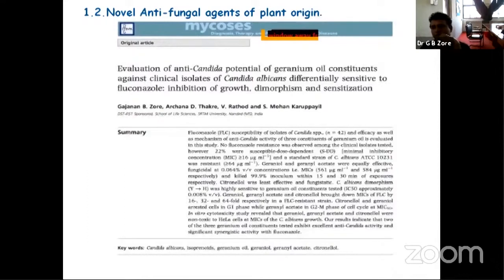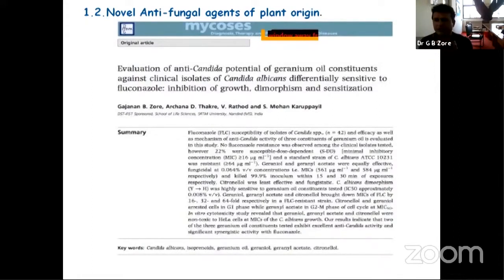Not just efficacy, we also evaluated the mechanism or mode of action of those molecules against fungi, how these molecules are inhibiting fungal growth. So we tested the effect of these molecules on planktonic growth as well as different forms of growth of these fungal pathogens: planktonic growth, biofilm growth, and mycelial or hyphal form growth as well.